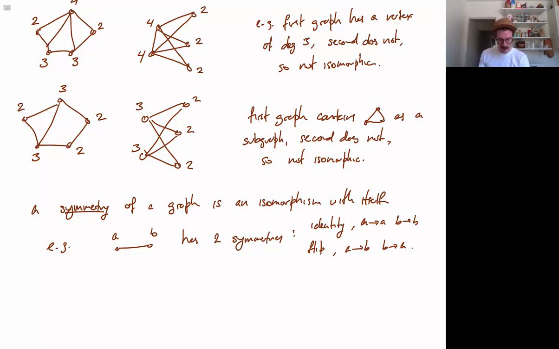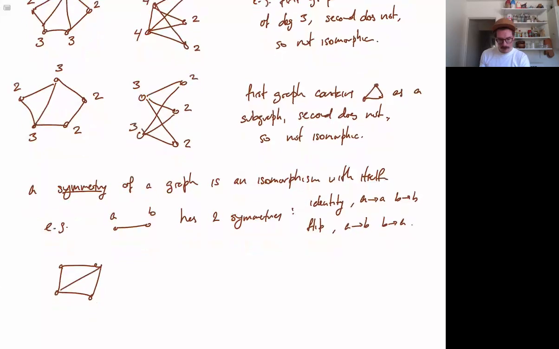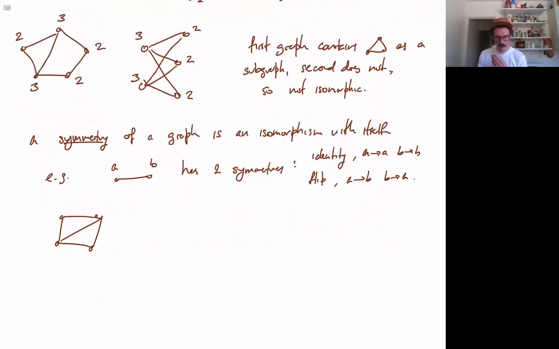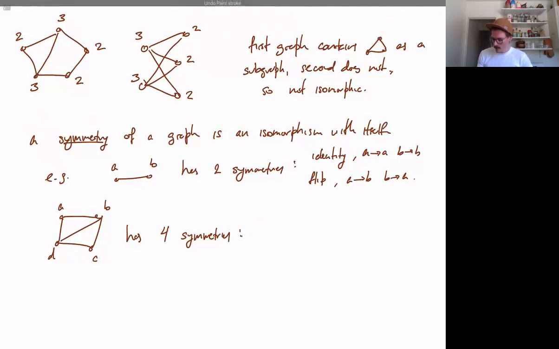Let's look at another example. This graph, so let me label these vertices again, A, B, C, D. This graph has 4 symmetries. Again, the identity.